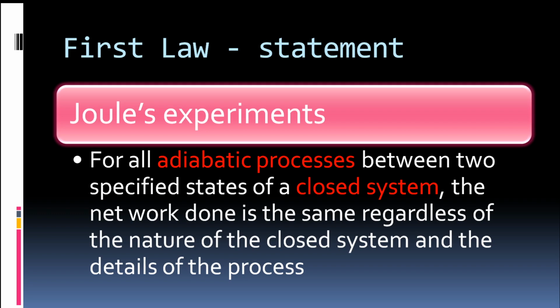Irrespective of the process or nature of the closed system, the net work done is the same because there is no heat transfer. Mass transfer is already not there since it is a closed system. So net work done is the same. That's what is stated as per the first law of thermodynamics, and it is based on the consensus arrived at from Joule's experiments.